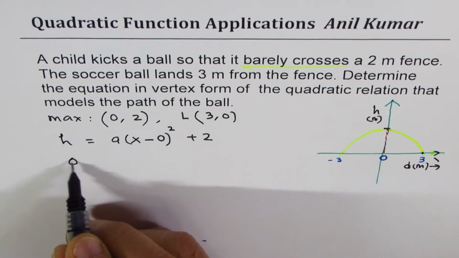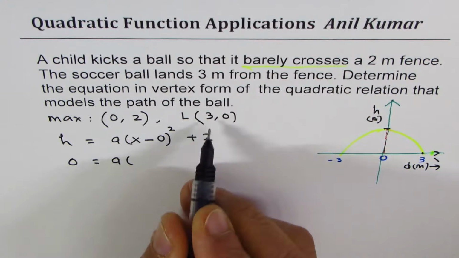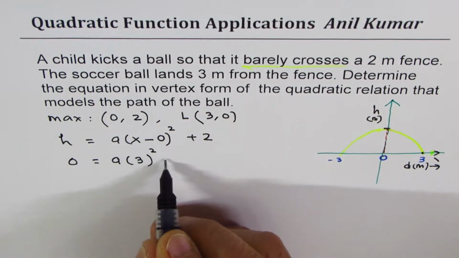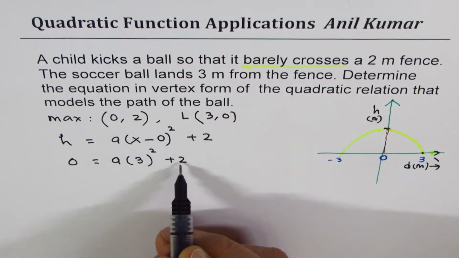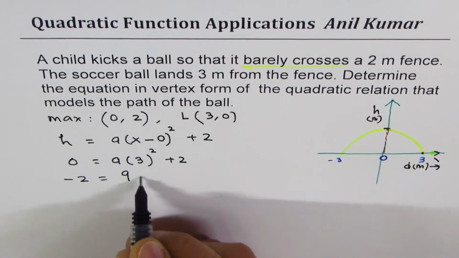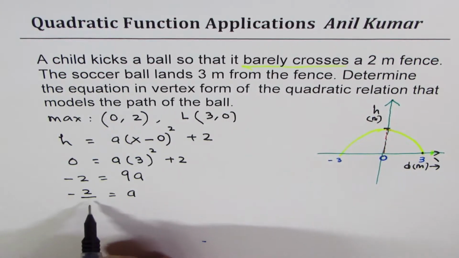Writing 0 for h, because when it lands the height is 0, a times 3 squared plus 2. Bringing 2 to the left side, it becomes minus 2 equals 9a, or we can say a equals minus 2 over 9.